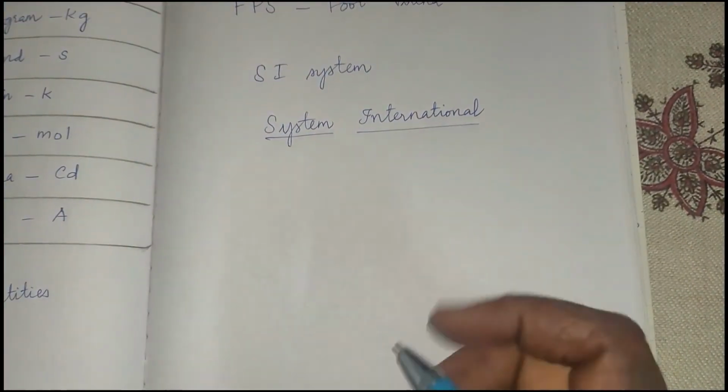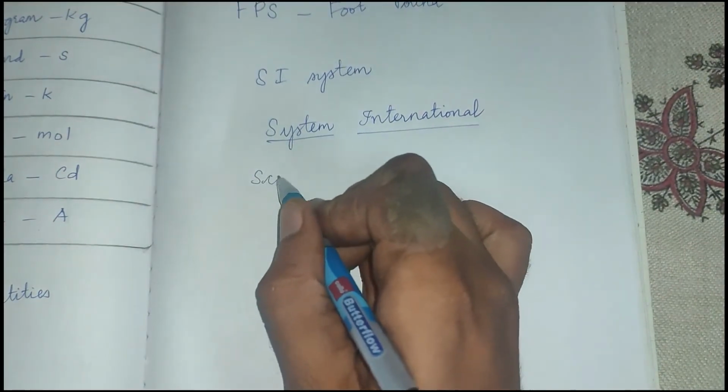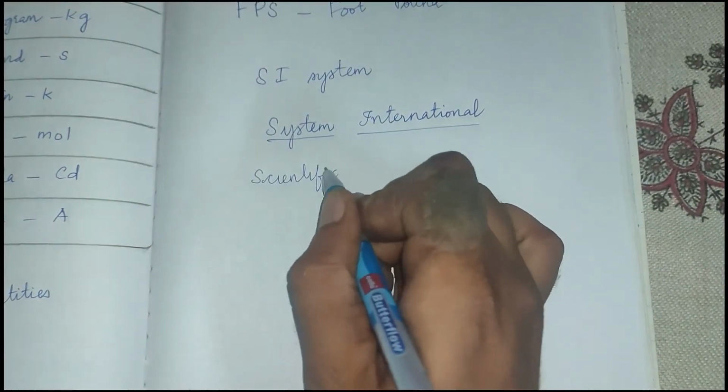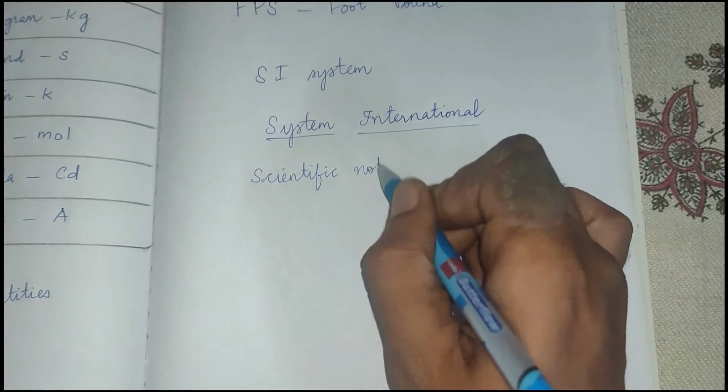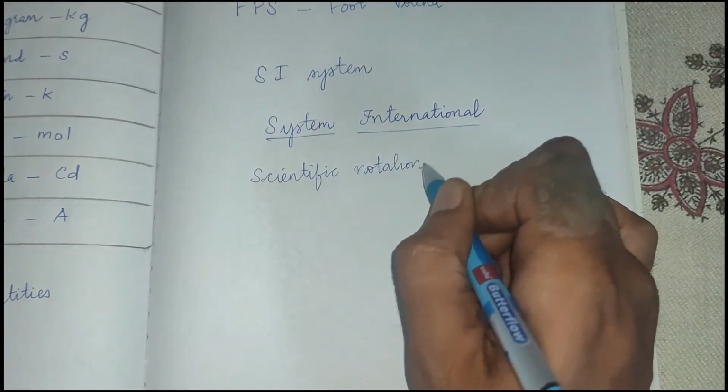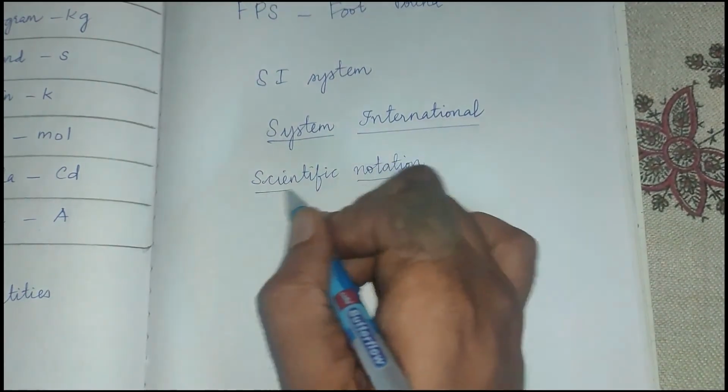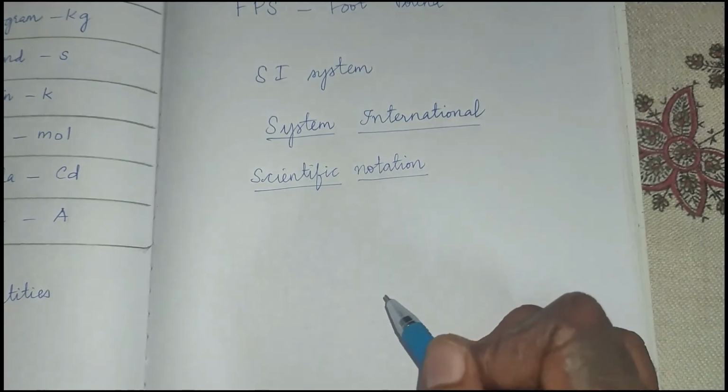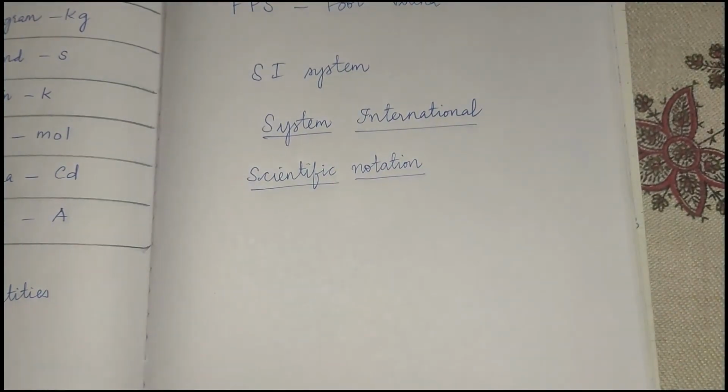And next we are going to see about scientific notation. So this is very important while giving your answer. Actually this scientific notation is to be used in our problems, right?